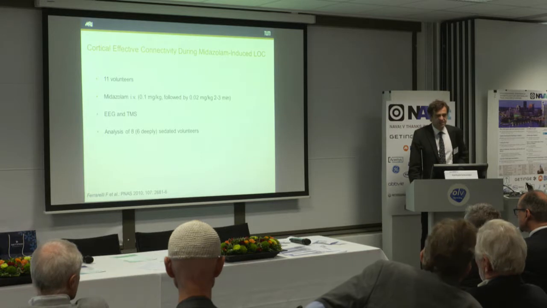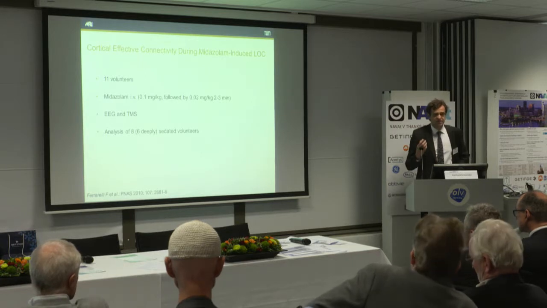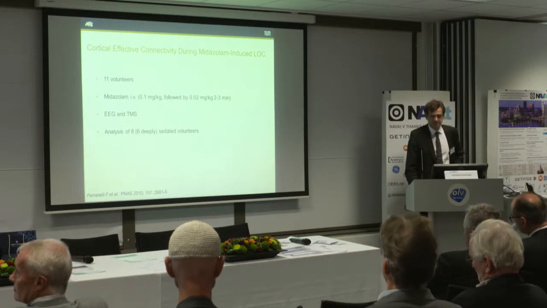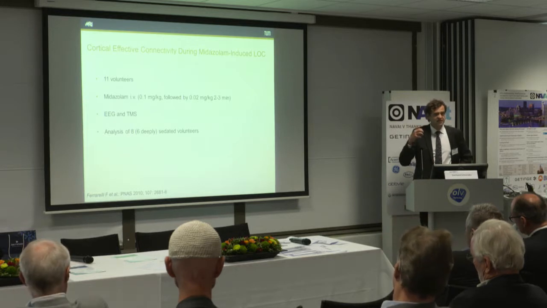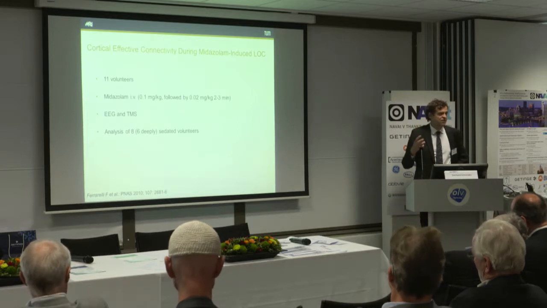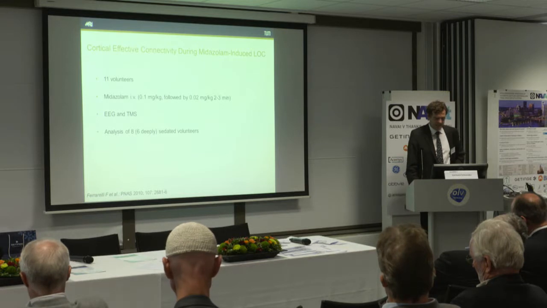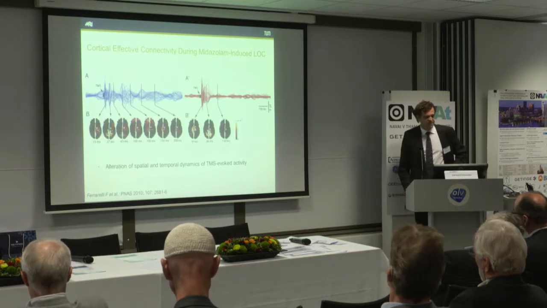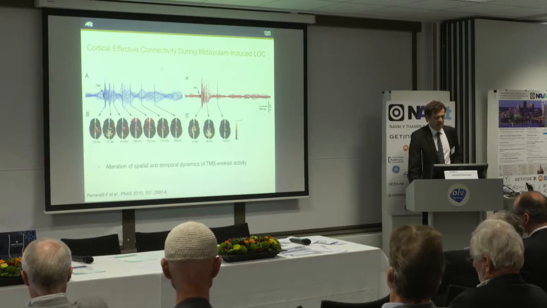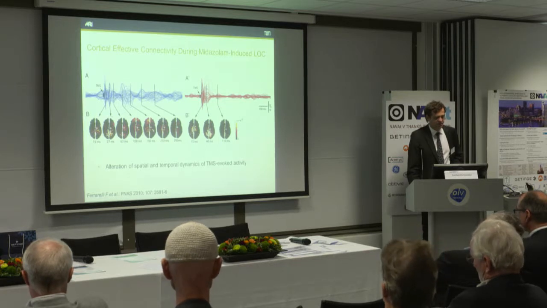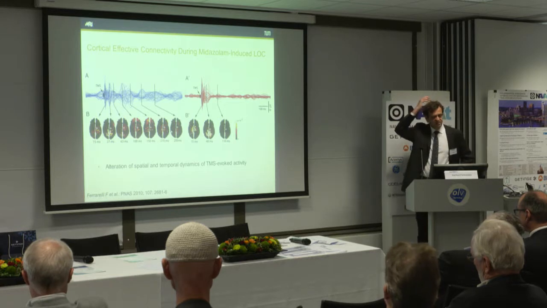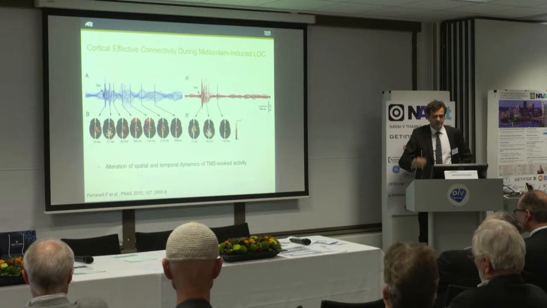They found a very similar reaction pattern to the transcranial magnetic stimulus. Now, transcranial magnetic stimulus induces electric activity in the cortex, and this activity is transferred in awake volunteers in a specific manner over the cortex. So there is a specific pathway which this electric activity follows.